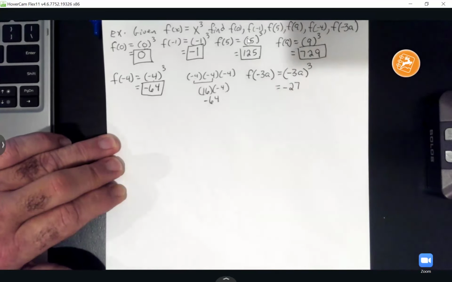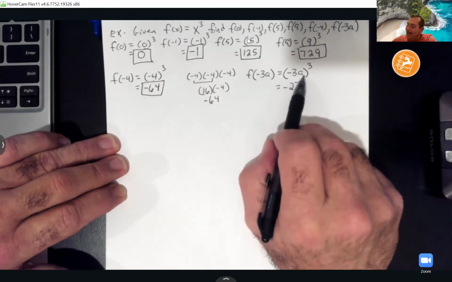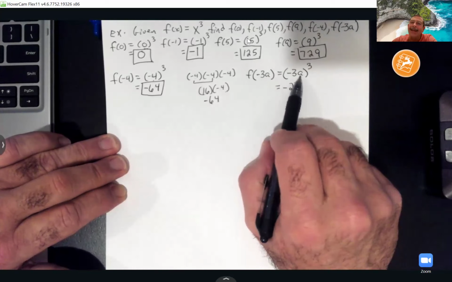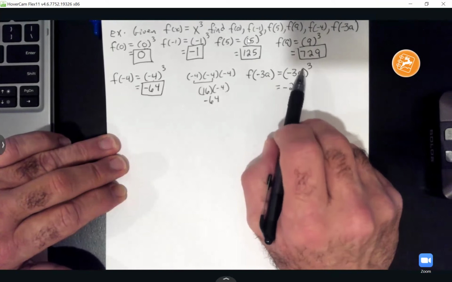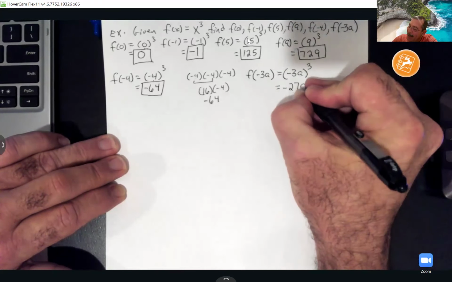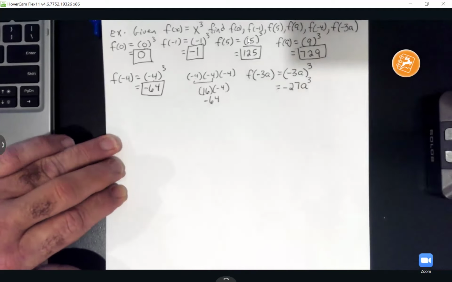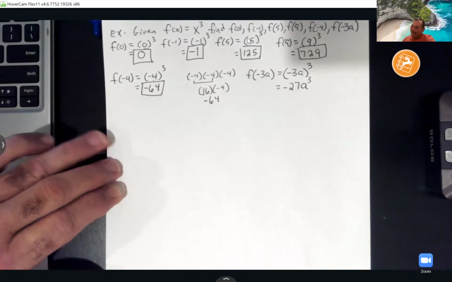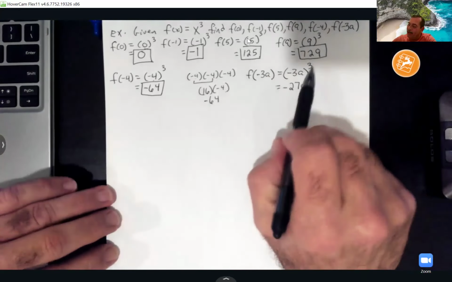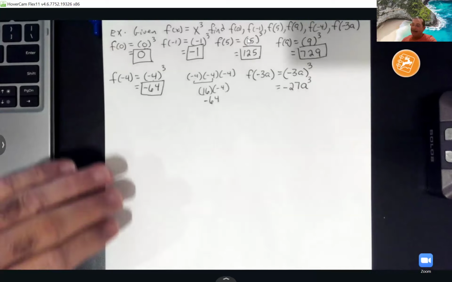You're so close. Because think about this, you got an a times the a times the a, so we would write that as a to the third. So we would treat this like, I got a -3a times another -3a times a -3a again, okay?